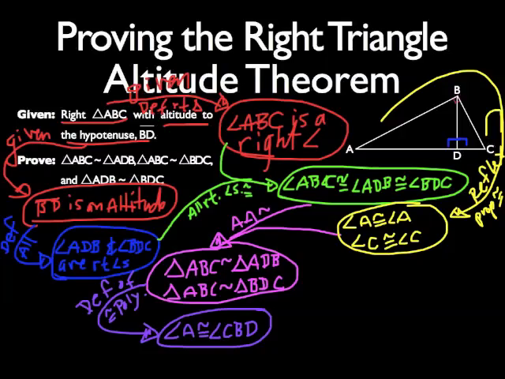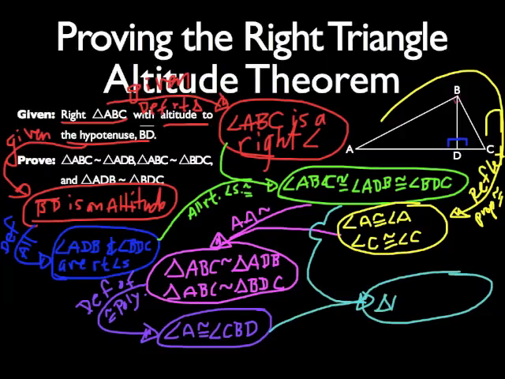Hey, that now is enough to give us another last piece of information. And what's that, you ask? Don't worry, I'll tell you. Notice that we have these right angles here, and we have this other pair of angles here. So now this tells us that triangle ADB is now similar to triangle BDC. And again, this is the angle-angle similarity postulate.